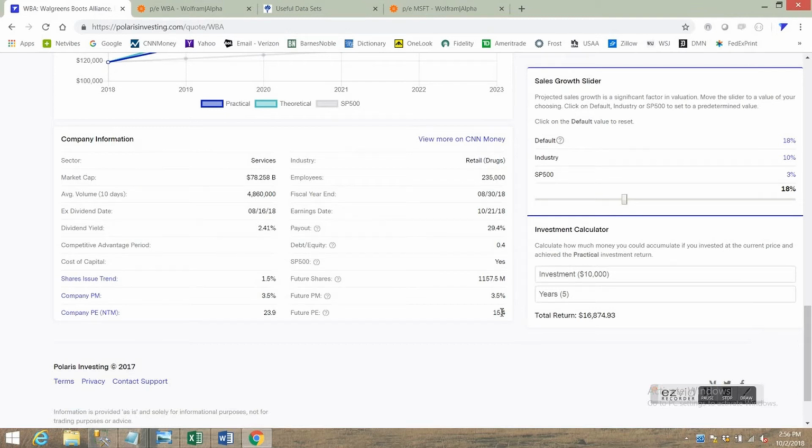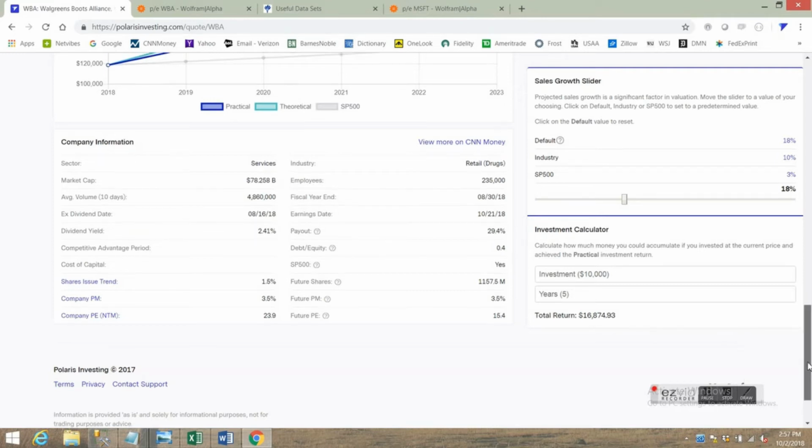So when I see a PE for Walgreens of 15.4, that's telling me that the forecasted cost of capital is somewhere in the neighborhood of 7%. So now it becomes a categorization exercise, not a computation. You've got to get an idea: do you feel like Walgreens will be in that kind of average group going forward in terms of the riskiness of its future cash flows?